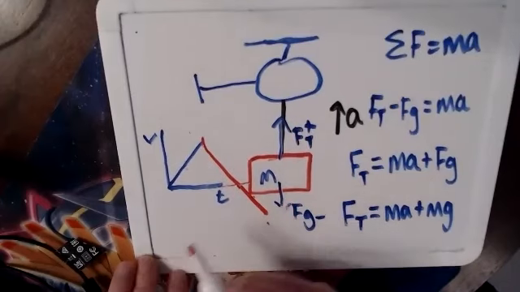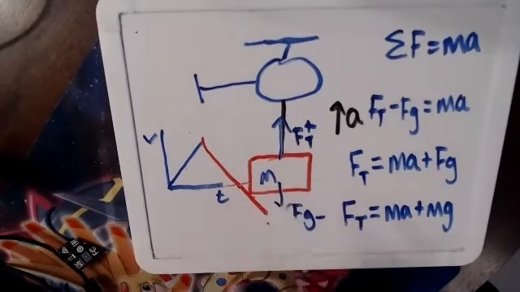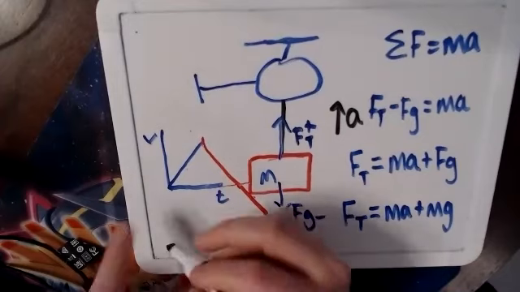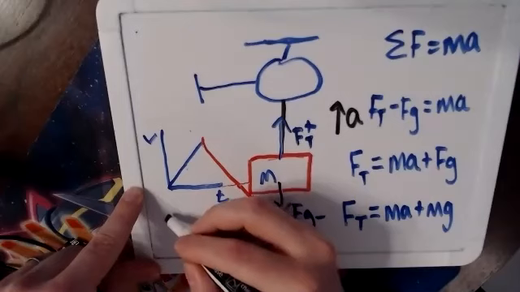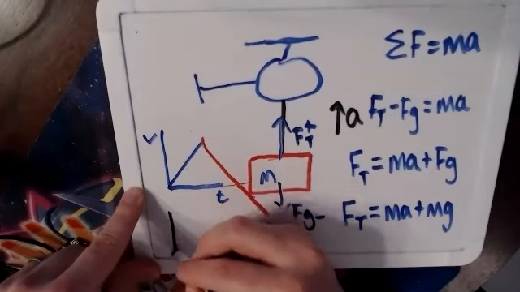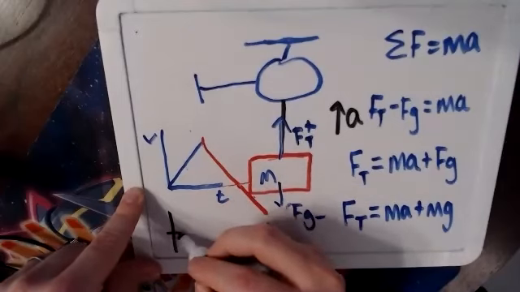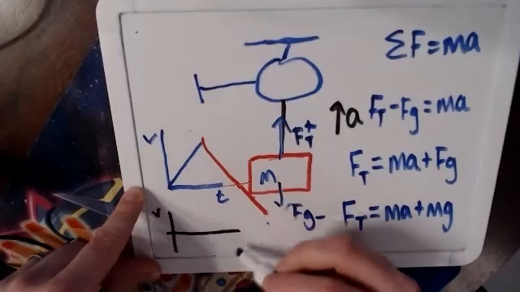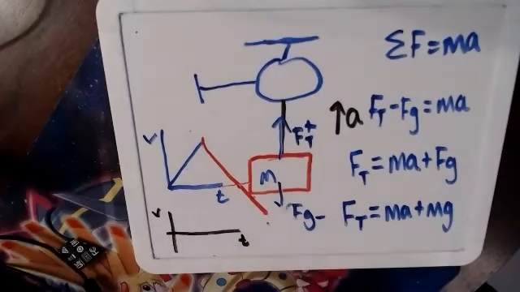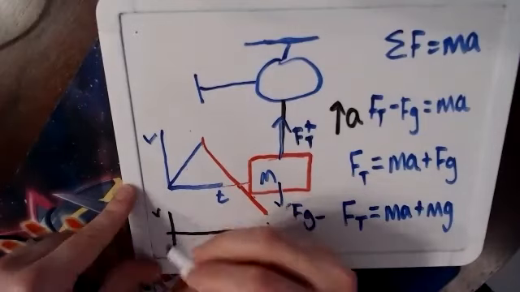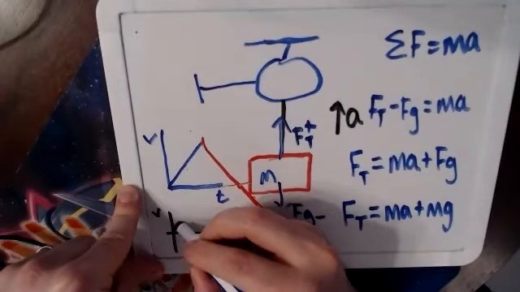Another thing that I've seen, just to kind of backtrack a little bit, is like a 1984 multiple choice question or something like that. They give you a graph that looks like this. They say it's a velocity versus time graph, and they say, when does this object return to where it started?